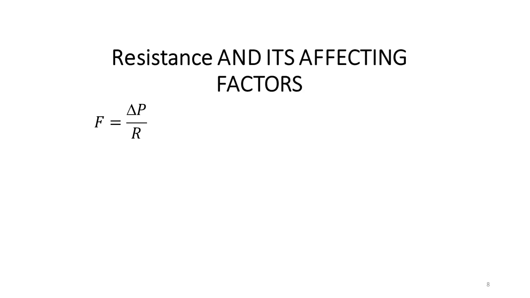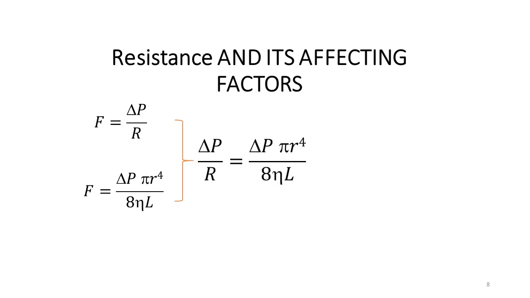If you remember, we said F as flow is equal to delta P over R. And we know F based on Poiseuille's law is equal to delta P pi R^4 over 8 eta L. So if we want to equate these fractions, we can set them equal to each other and solve this equation.